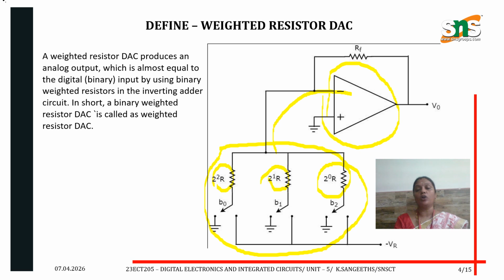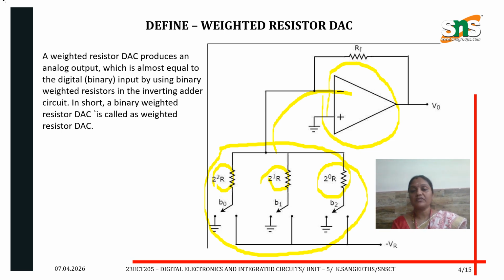That is why it is called weighted. So in the first leg the resistor value is 2 power 0 R, in the second leg it is 2 power 1 R, and like that the third leg is 2 power 2 R. These are the binary weighted resistors connected to the inverting adder circuit. In short, the binary weighted resistor DAC is called the weighted resistor DAC.